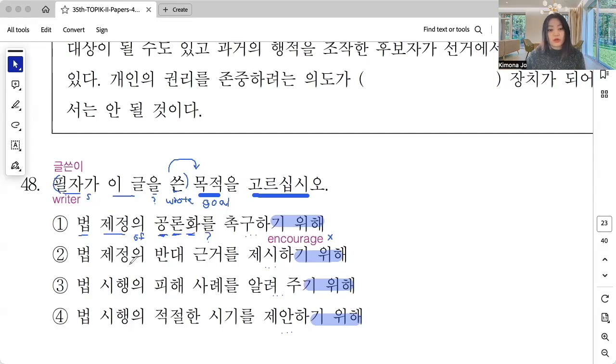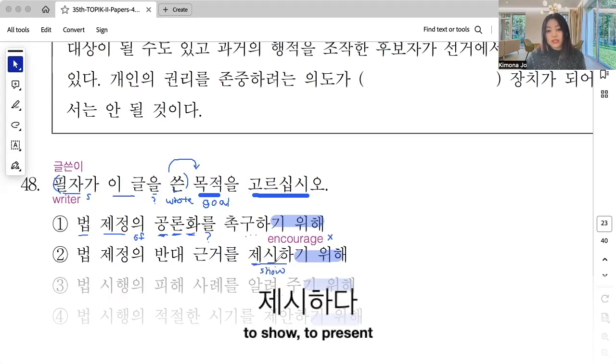Number 2, 법 제정의 반대 근거를 제시하기 위해. In order to 제시하다, to show. This 제, it means suggest. 시 is to visualize or see. So you suggest something by showing something. So it's a show.